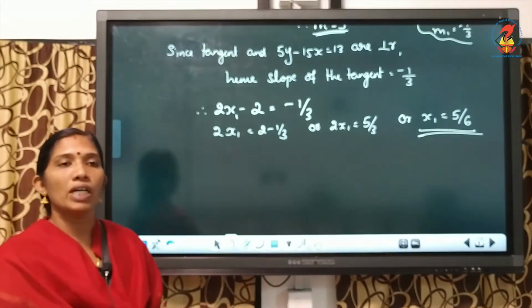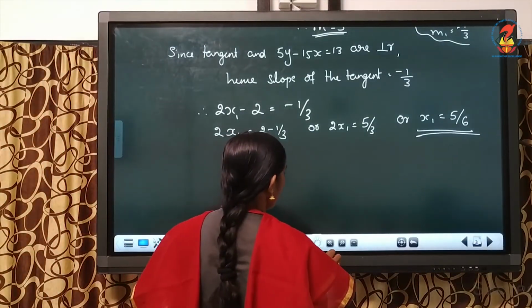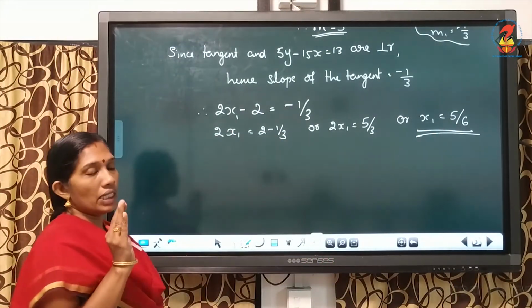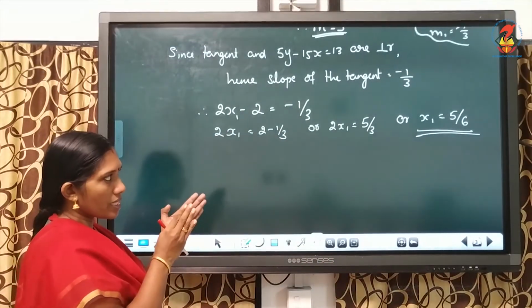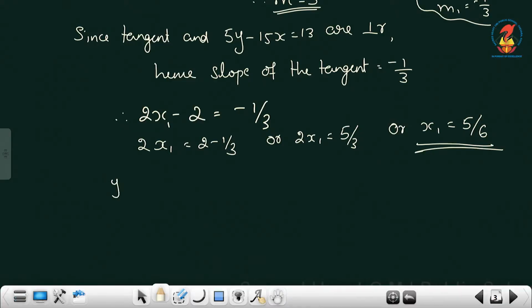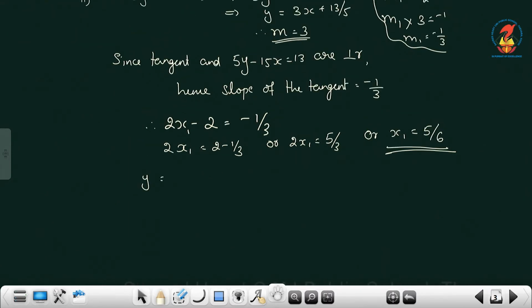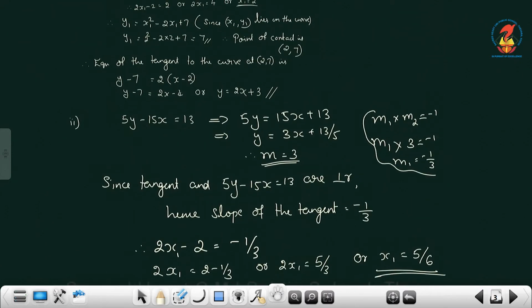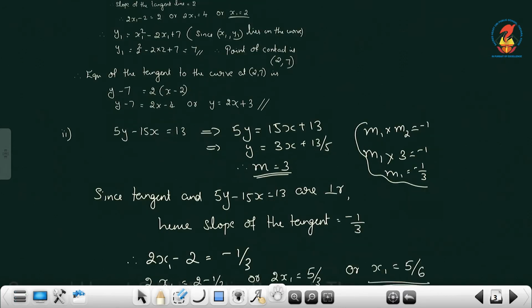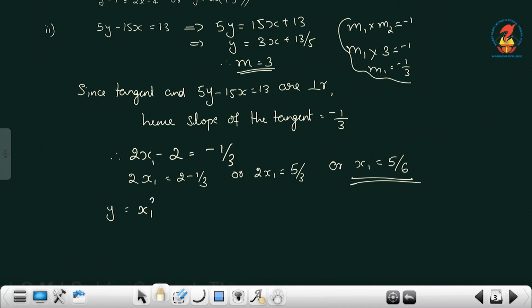Okay. Now, we have to find y1. From where we get y1? x1, y1 lies on the curve. So, substitute this x1 into the curve equation. What is the curve equation? y is equal to x1 square minus 2x1 plus 7.